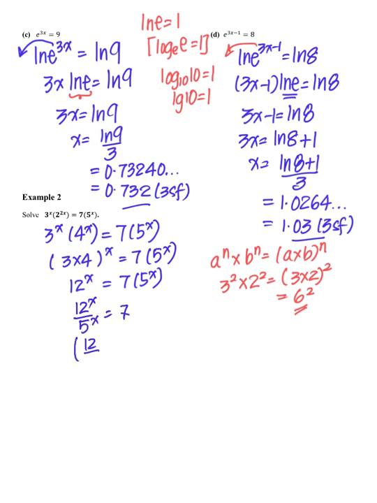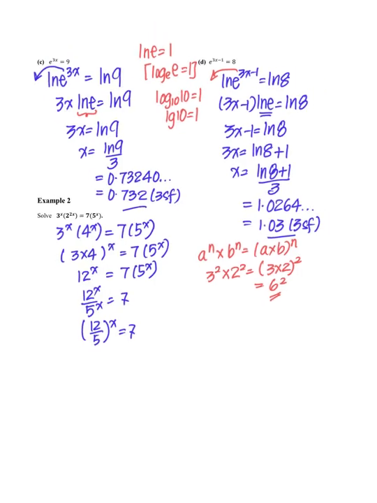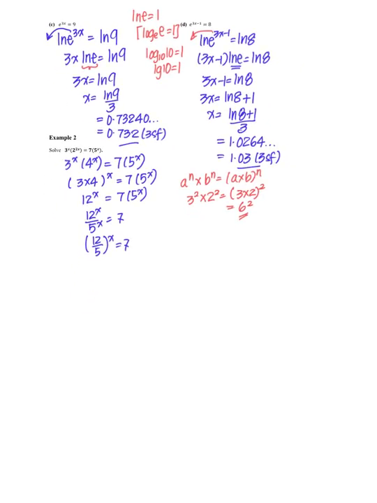That means (12 over 5) to the power x is equal to 7. Once you come to this step, it will be easy. This becomes your basic exponential equation, in the form a to the power x equals b.